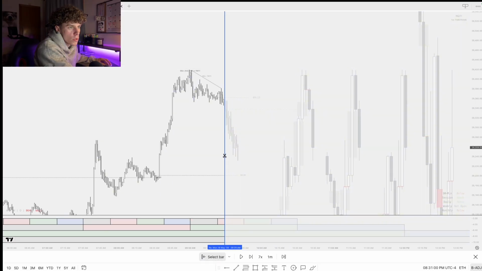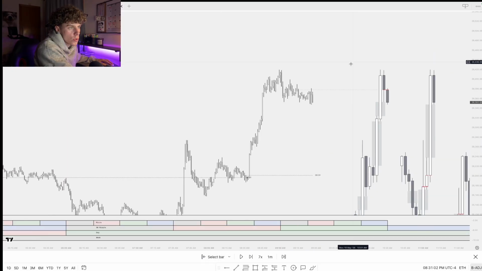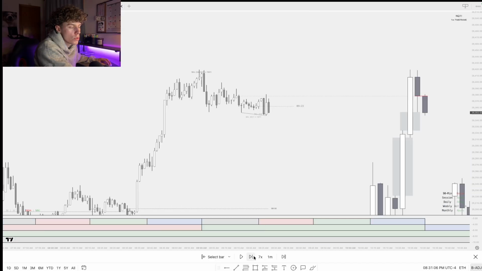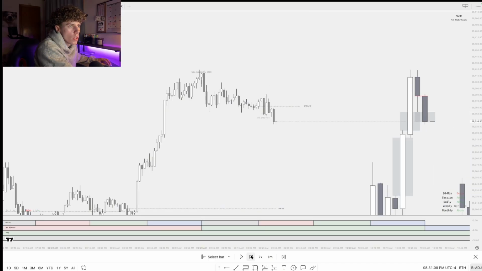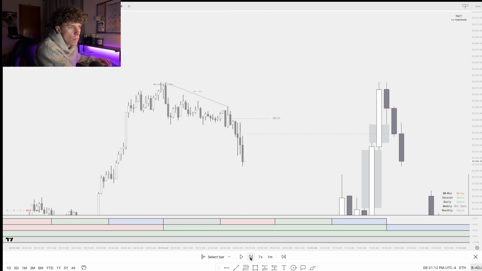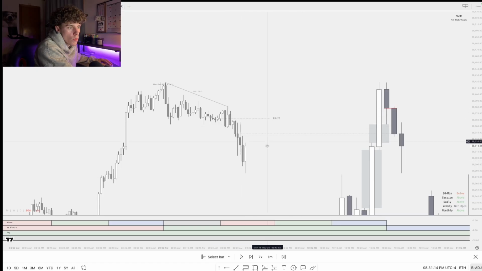Now you could look to take a pre-market entry on this candle closure that creates our true change in state of delivery, which is going to be right here.